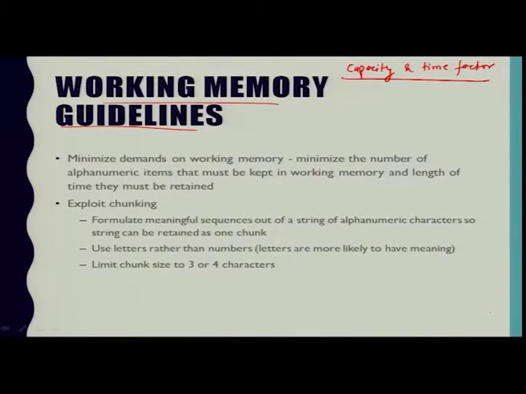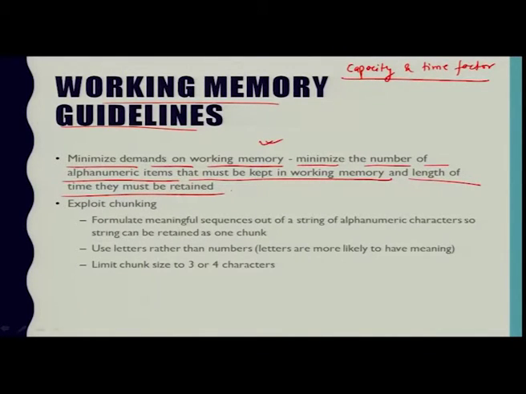In that context, the first guideline is to minimize demands on working memory. This is a common rule, which means we have to design the mental workload so as to minimize the number of alphanumeric items that must be kept in working memory and the length of time they must be retained.